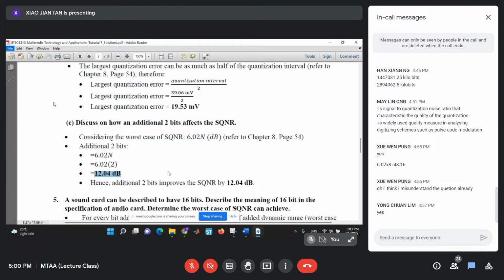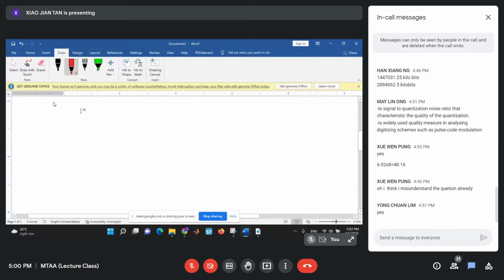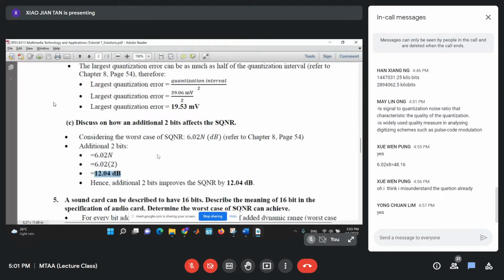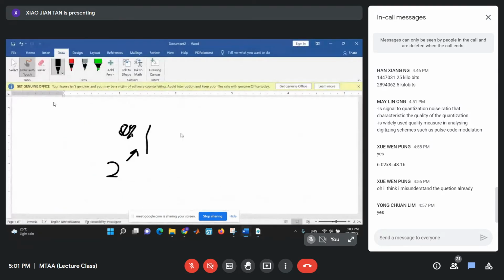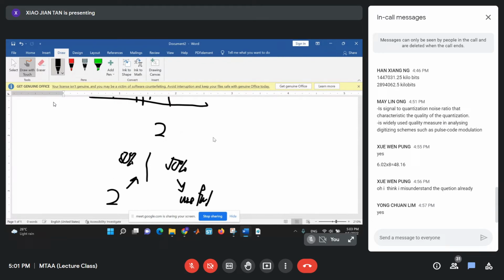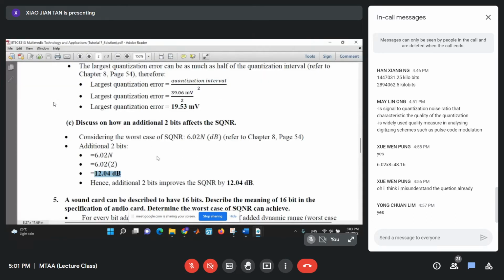For example, you have 2 bits which contribute to SQNR, because the SQNR only takes half of it, 50%. Another 50% would be useful. So since you have another 2 bits, the maximum corruption noise would be 12.04.